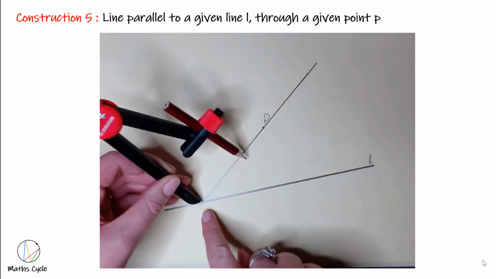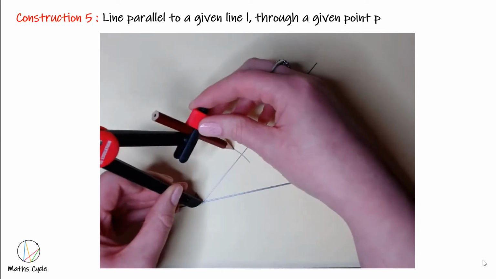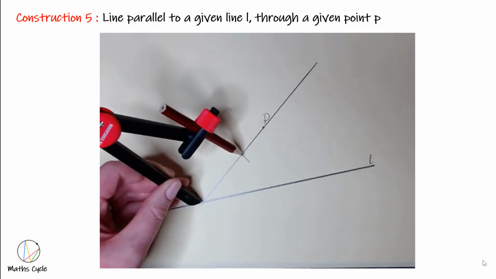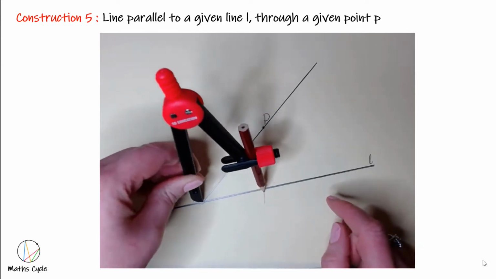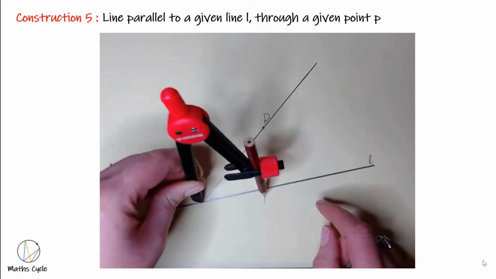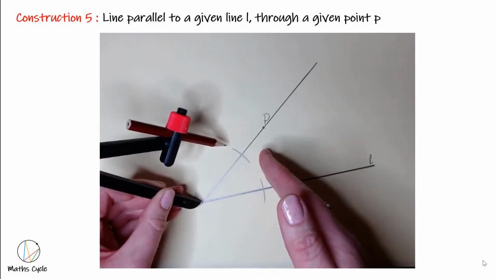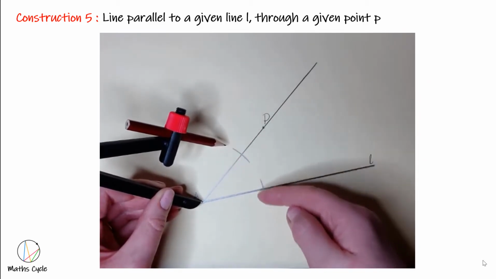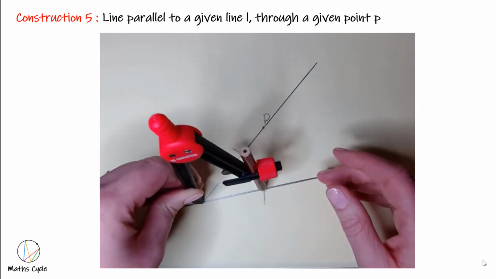Now I'm going to make my first arc here on the line AP, and I'm going to make my second mark here on the line L. Then I'm going to join these two together and make them into one big arc.